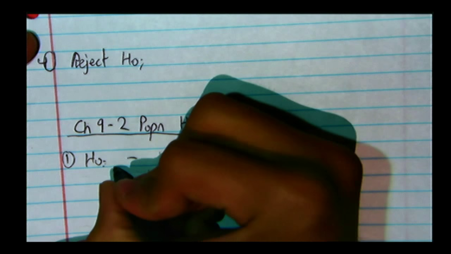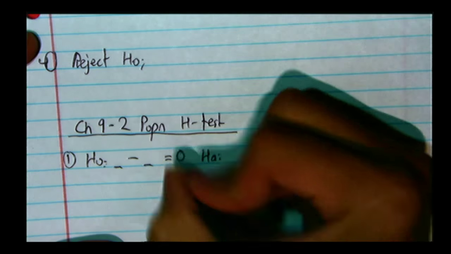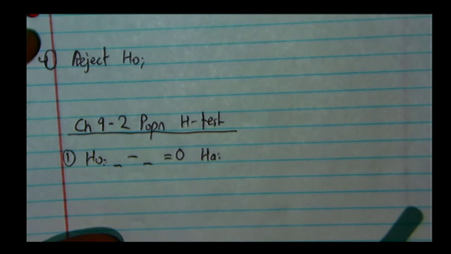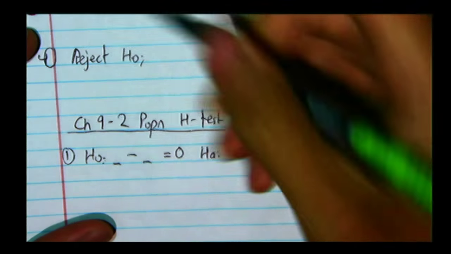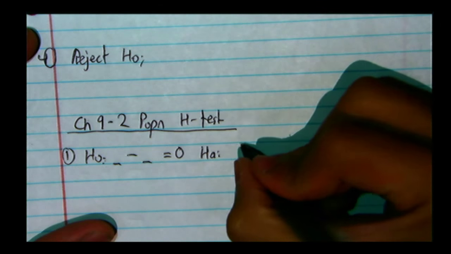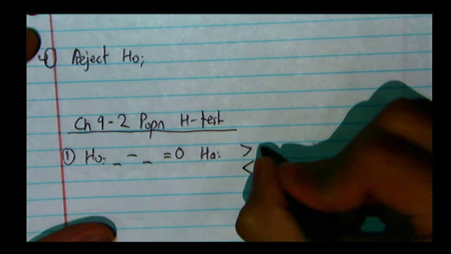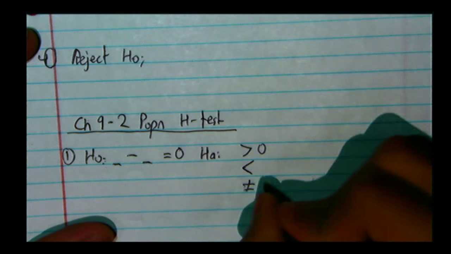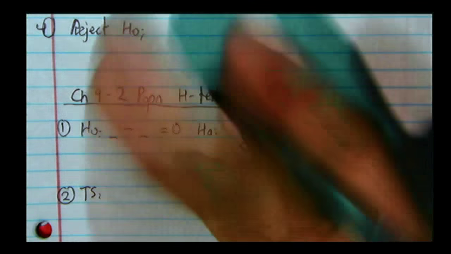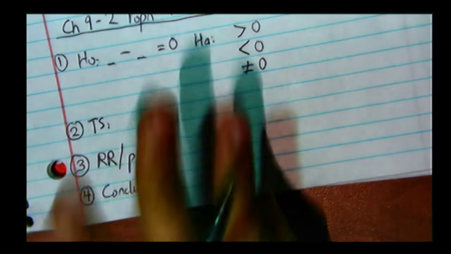Or you can have something minus something is greater than 0, less than 0, is not equal to 0. And the other big difference will be how you find this guy, your test statistic. You could use a z-score or a t-score, big sample. Four-step process for chapter 9.